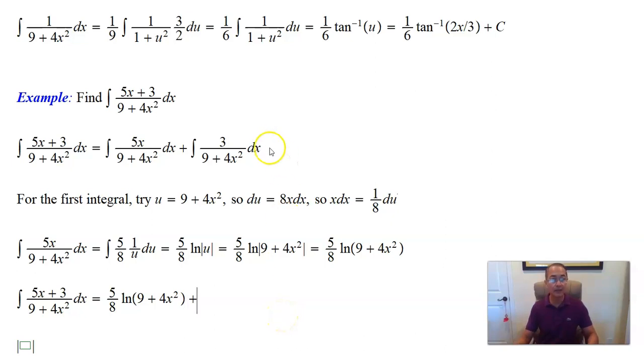And our second term is 3 times this integral. So we have 3 times 1/6, that will be just 1/2. And all we need is a single constant for both of them. So that is the antiderivative of our example.